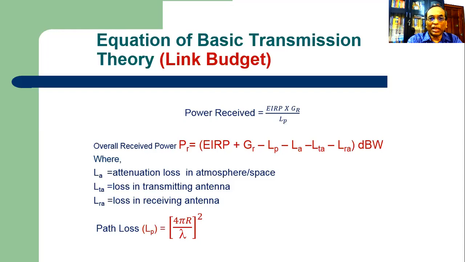So this is the link budget equation where all those factors are taken into account. This EIRP is calculated from the previous formula, and the other gain and loss factors are taken into account. This is the link budget equation.